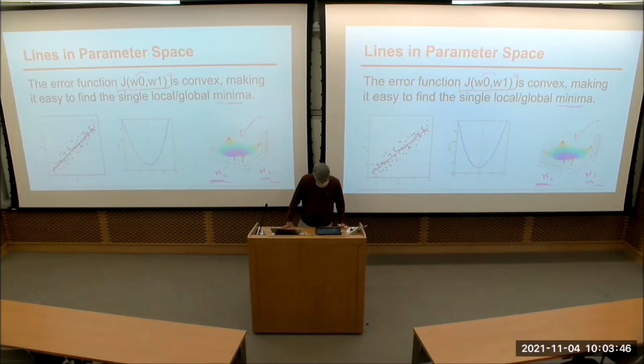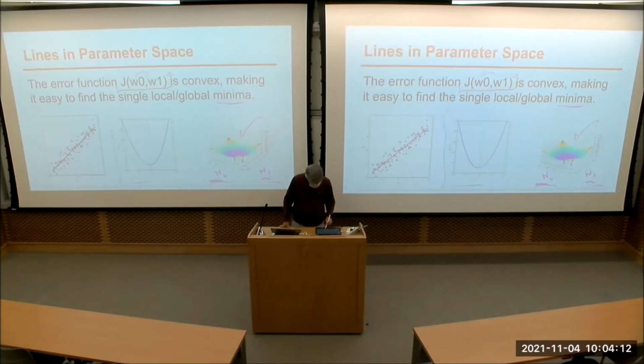And by some form of magic, luck, I'll call it luck, it turns out that the error function is convex. What does convex mean? Convex means that there is a single local minimum, a single lowest point.